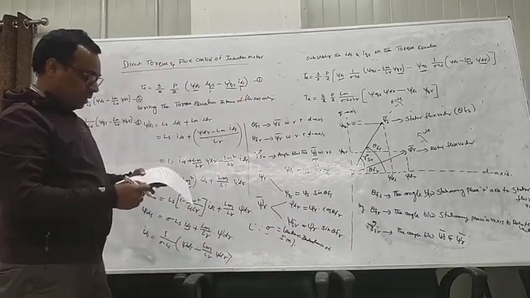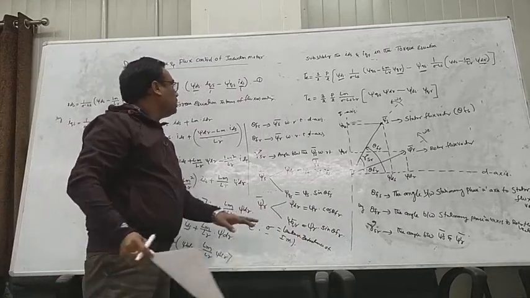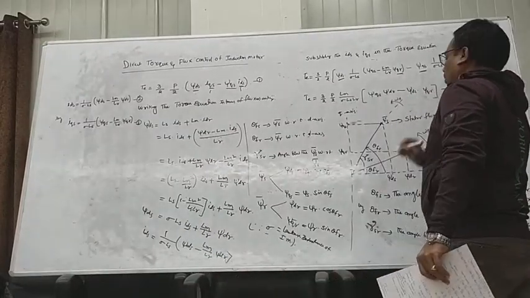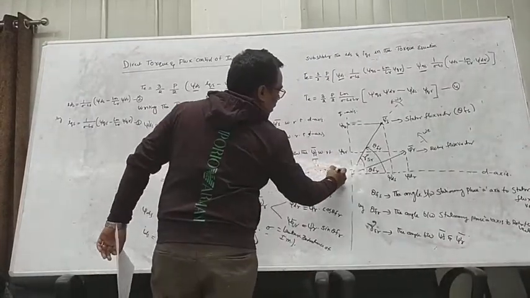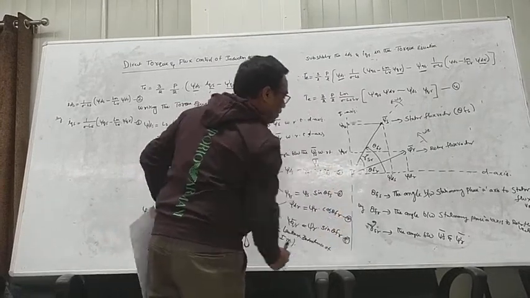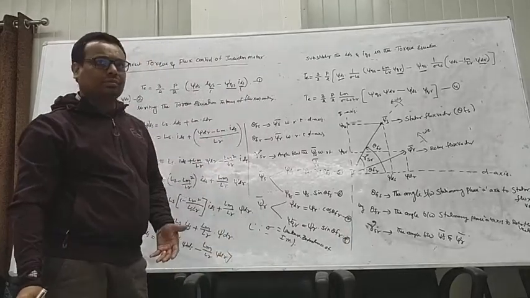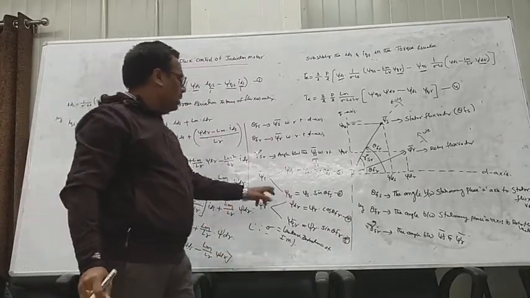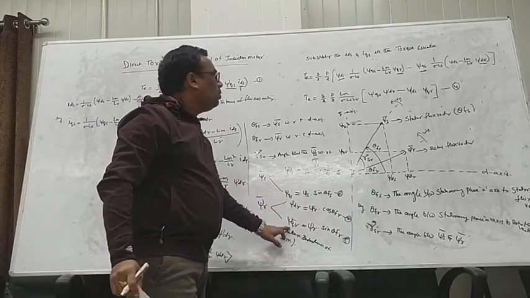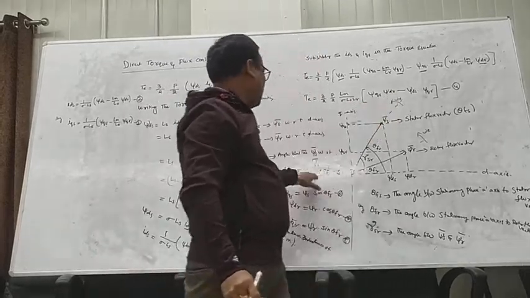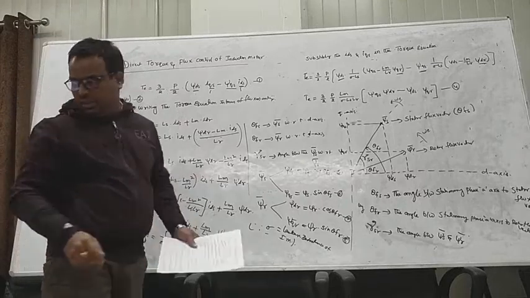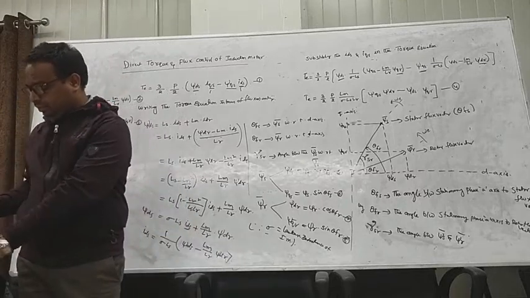For example, the torque equation is equation 4, and these expressions for psi ds, psi qs, psi dr and psi qr are equations 5, 6, 7 and 8. So you replace these four components using equations 5, 6, 7 and 8.